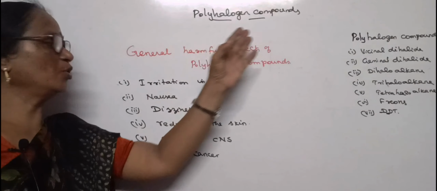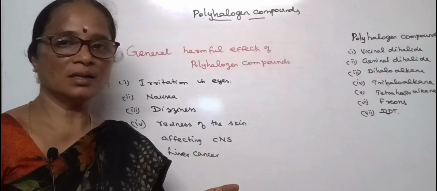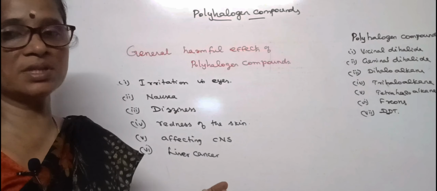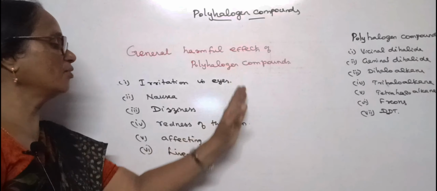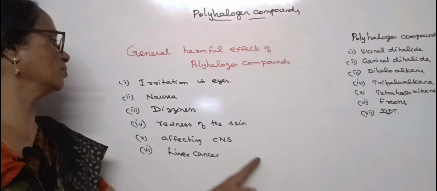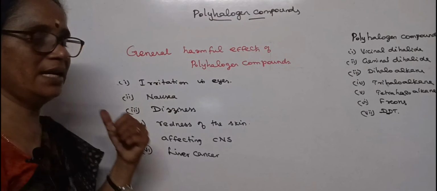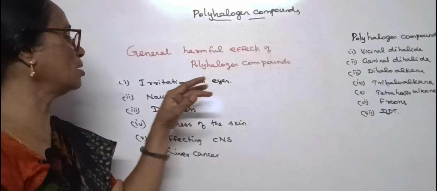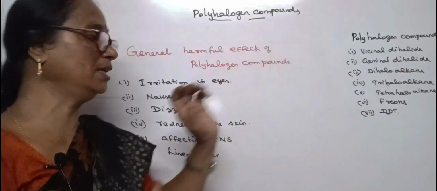The general harmful effects of polyhalogen compounds depend on the exposure to polyhalogen derivatives. The one exposed can observe any one of the following conditions. If exposed to the eyes, one can find irritation in the eyes. If a large amount of polyhalogen compound is exposed to the eyes, that may even lead to blindness.